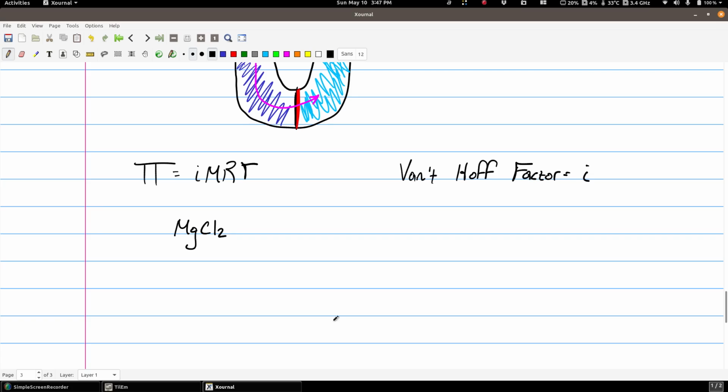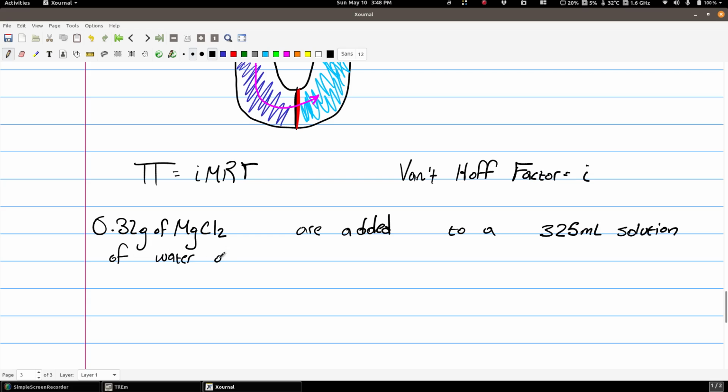So let's say we have 0.32 grams of magnesium chloride added to a, I don't know, we'll say 325 milliliter solution of water at a temperature of, we'll do 27 degrees Celsius.